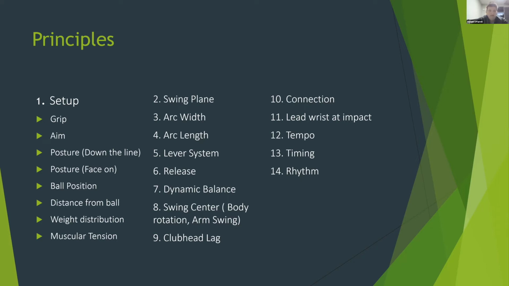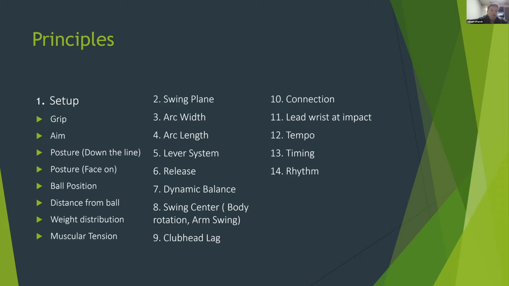So dynamic balance, we're just measuring how well you're staying in posture throughout the golf swing. I would say that's an easy way to put it. Swing center, like I said, is talking more about how well we're actually keeping our spine angle throughout the golf swing.